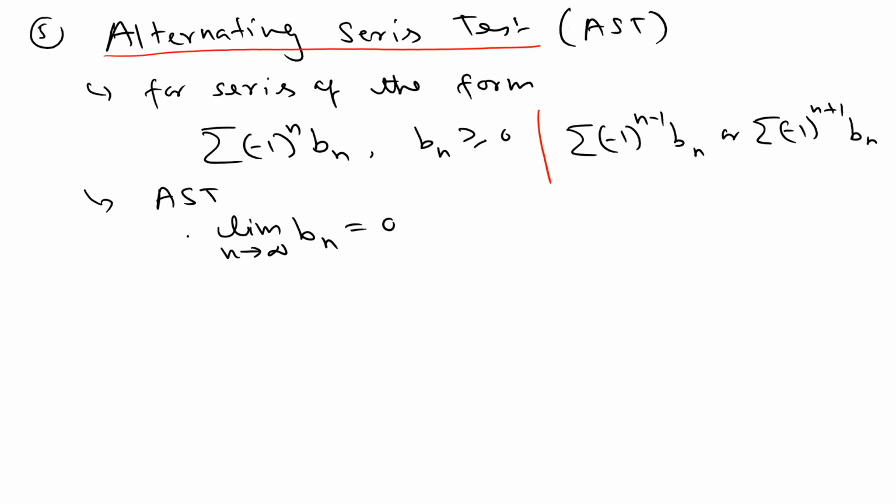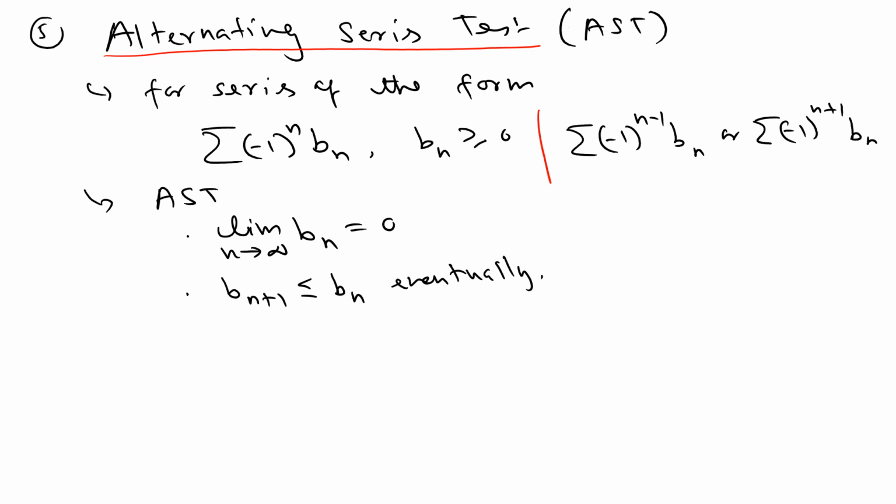And then the second condition is that bn has to be decreasing. So bn plus 1, the next term, is smaller than the previous one. That means they are decreasing eventually.